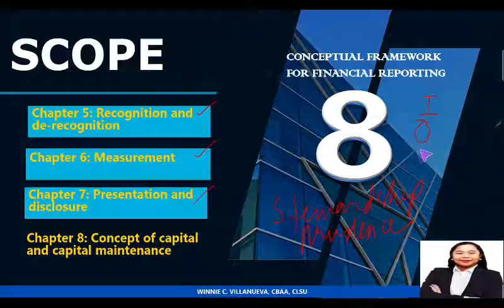And then the unclear, I owe you, yun ang rason. Kaya the reason they revise because they owe you. Diba? Stewardship and prudence. Okay, that's the main reason why they revise. Okay, they need to fill in the gap, they need to update, and they need to clarify.